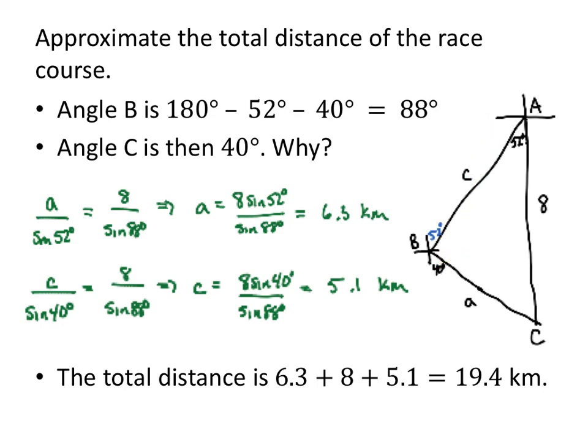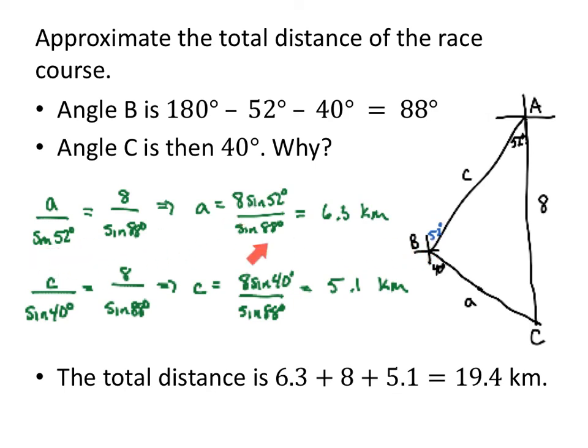Now, north-south, right, still two parallel lines cut by a transversal. Now my transversal is this side, so alternate interior angles are equal and angle C will be 40 degrees. A little bit of geometry to brighten up your day. I want to find side a. So a over the sine of 52 equals 8 over the sine of 88.